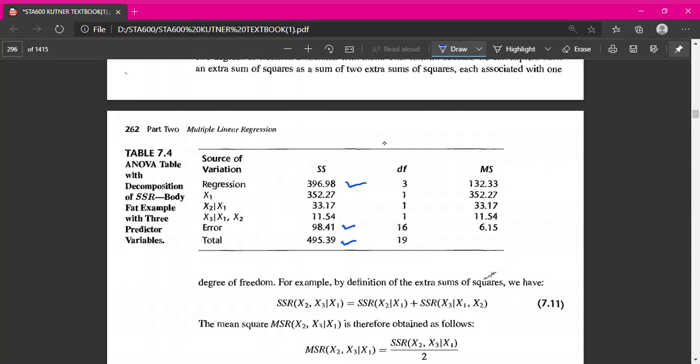Kena guna formula which is SSE x1 minus SSE x1 x2 ataupun SSR x1 x2 minus SSR x1. Okay, you akan dapat 33.17. Okay, yang juga kena guna formula untuk cari this value. Okay. So, bila you tambah ketiga value ni, this 3, you akan dapat 396.58.